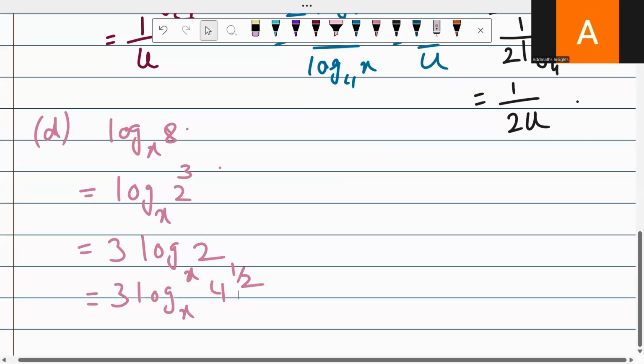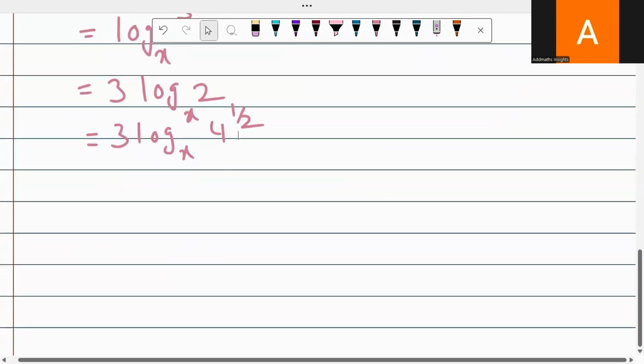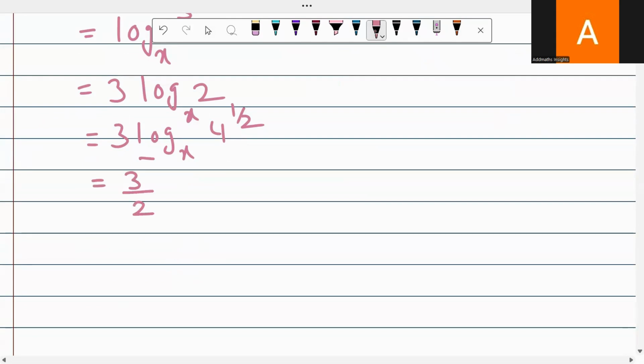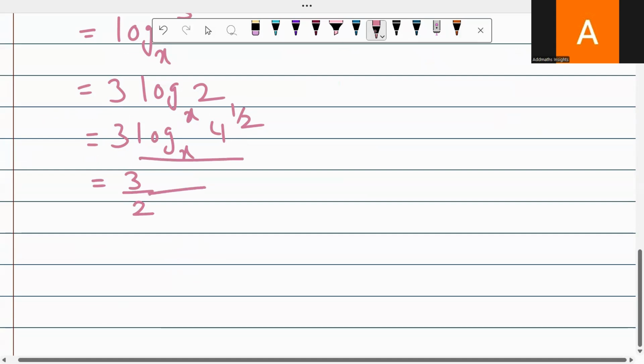Then you again apply the power formula and write this equals 3 by 2, because 3 times 1 by 2 is 3 by 2. And you take the reciprocal of this part and write log base 4 of x. So this is 3 by 2 u. And we have another way of solving the same question as well.